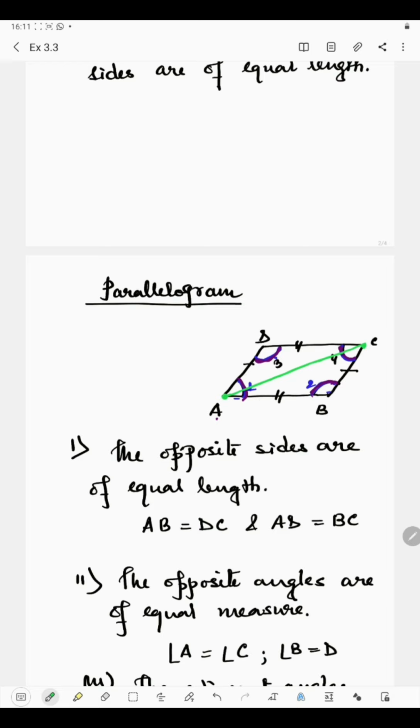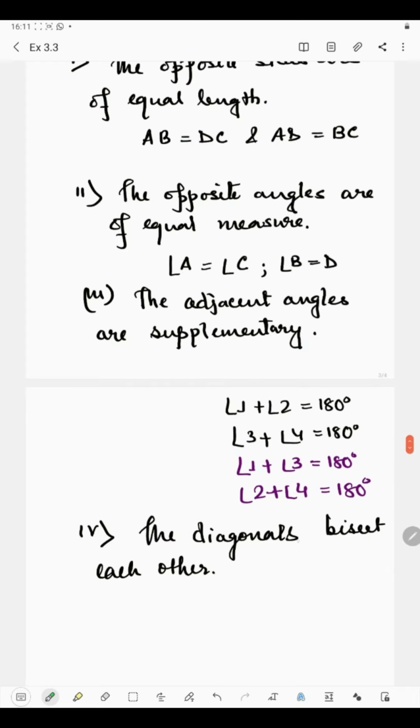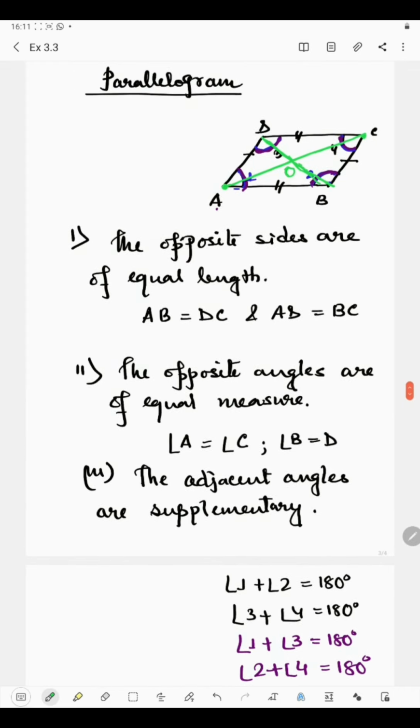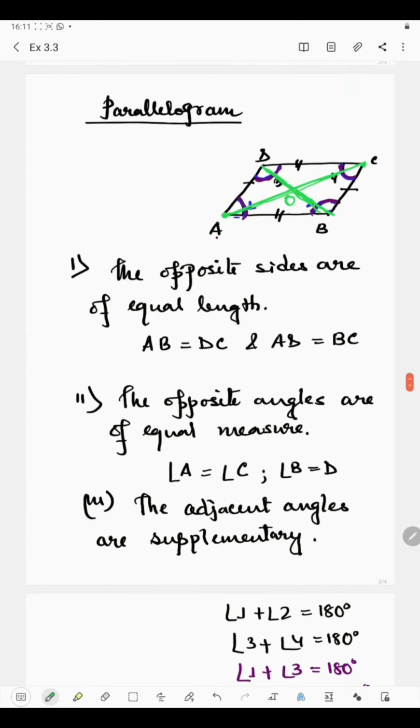Similarly, when you join BD, also non-consecutive vertices, you will get a diagonal. Now suppose these two diagonals intersect at point O. According to the property of a parallelogram, the diagonals AC and BD bisect each other.